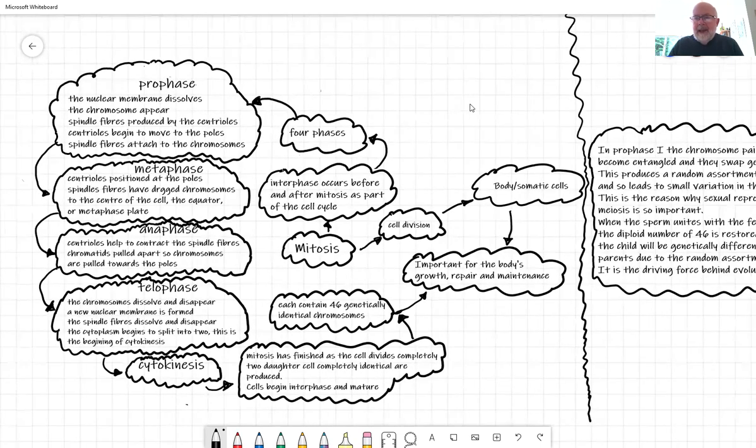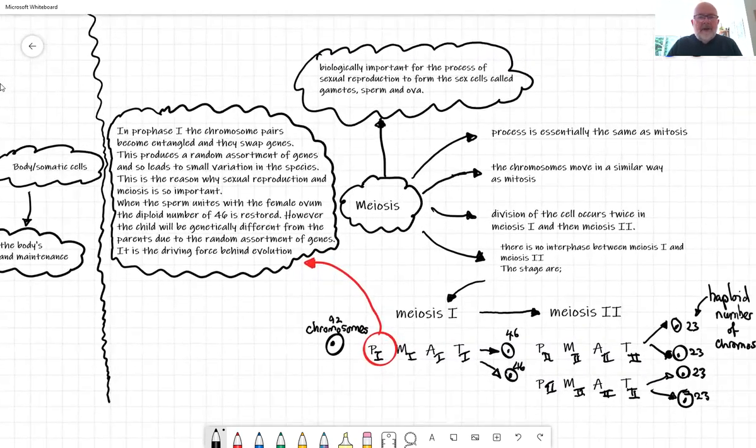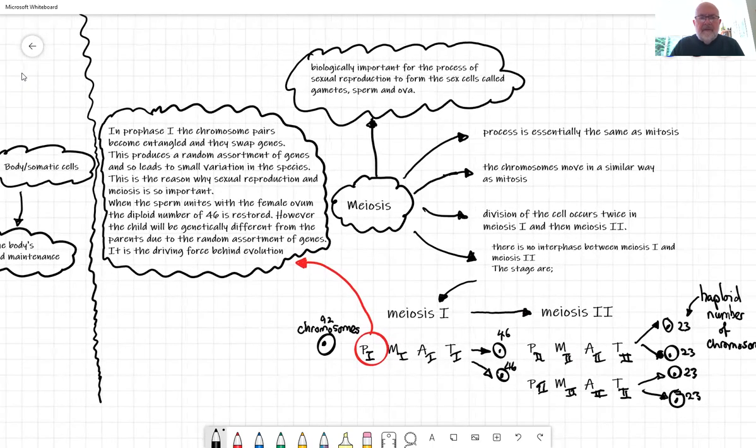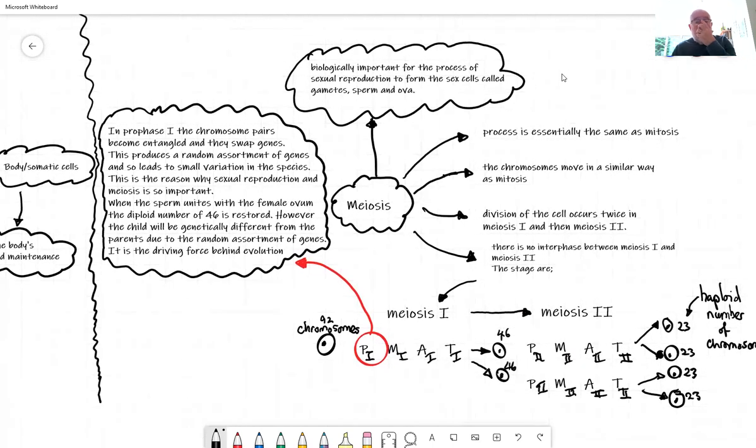Okay, now if I slide this over, and hopefully you can see this, then we're looking at meiosis, or meiosis, if you want it spelt correctly. So the process is essentially the same as mitosis.